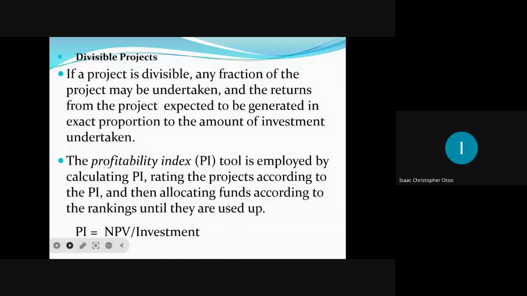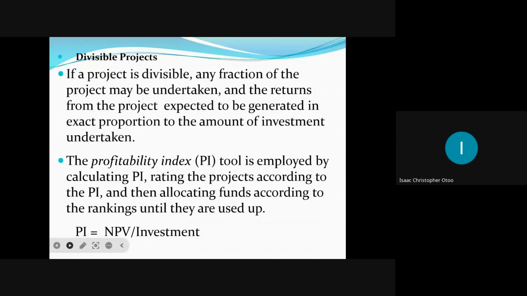When we say that projects are divisible, it means any fraction of the project may be undertaken and the return from the project is expected to be generated in exact proportion to the amount of investment undertaken. So if you think that you can do part and it will bring the money generated, then you go ahead and do it.